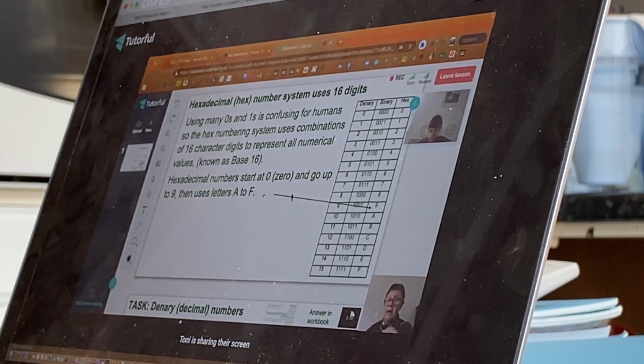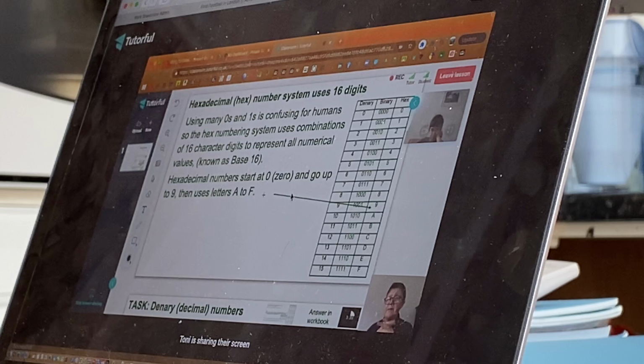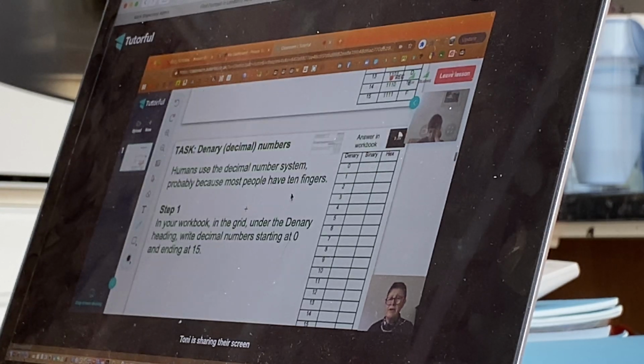So remember, hex starts at 0, stops at 9, and then it goes from A to F. So this is 16 characters. But it never, ever, ever goes above F. It can only go as far as that. So this is what we're going to do.